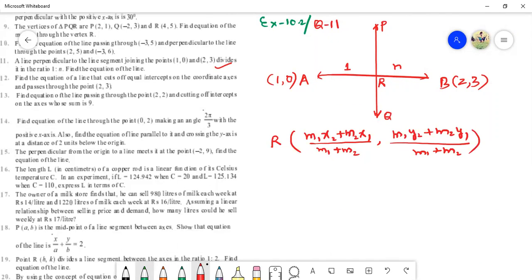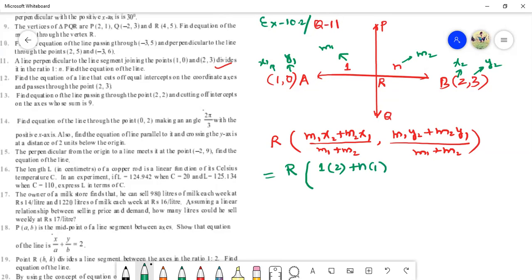Here this is m1 and n is m2. This is x1, y1 and this is x2, y2. So on substituting these values, we get the coordinates of the point R. m1 is 1, x2 is 2, plus m2 is n, x1 is 1, divided by m1 plus m2, 1 plus n.